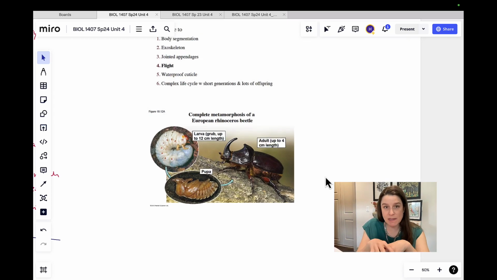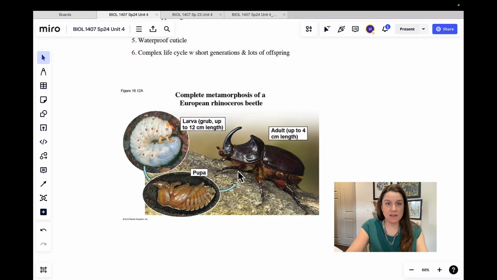They can have complete metamorphosis where the body forms are totally different in the larva and in the adult. This is an example here. You've got this larva grub. A grub is a larva that's going to become a beetle type. You can see the grub looks extremely different than the adult beetle here. We have maggots, which are larval forms of flies. We have caterpillars, which are larval forms of moths and butterflies.